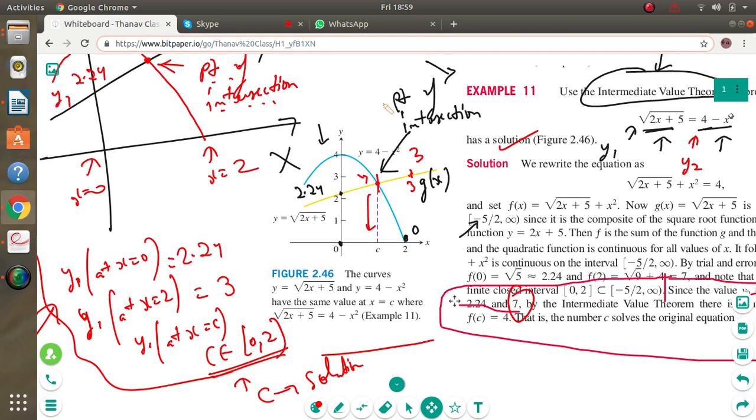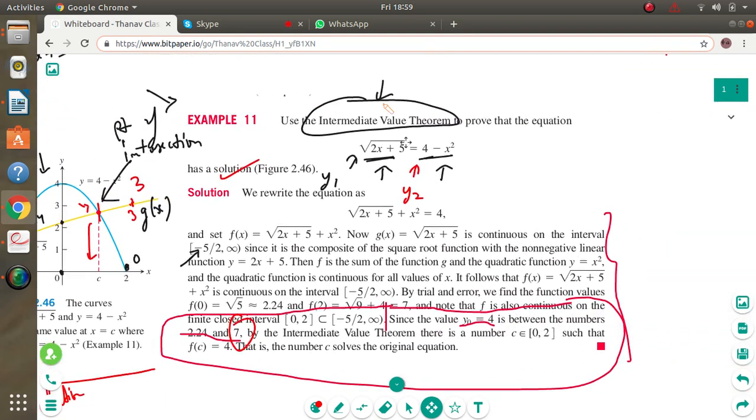We just have to prove that there could be a solution or not using the intermediate value theorem. And we have proved that we got a value c which is lying between the two extremes 0 and 2.